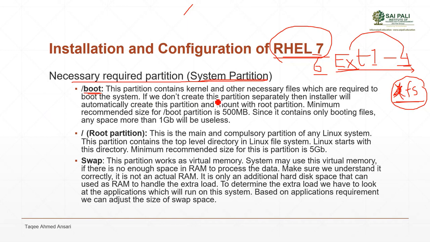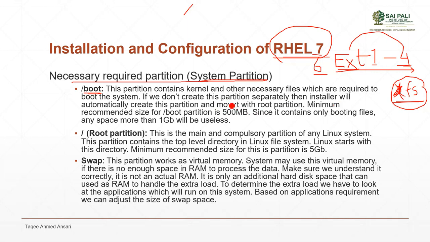And if you don't create the partition separately, then the installer will automatically create this partition and mount it with the root partition. Remember what I said? You have to create it if you are creating a manual partition, not automatic. If you create automatic, it will be created automatically.